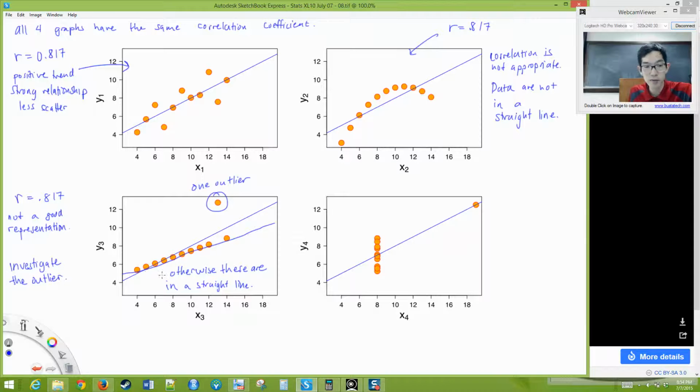Okay. And over here, again, the idea is here we've gathered all of our data for x when x is equal to 8. Okay. All our data is for x equal to 8, except for one point.